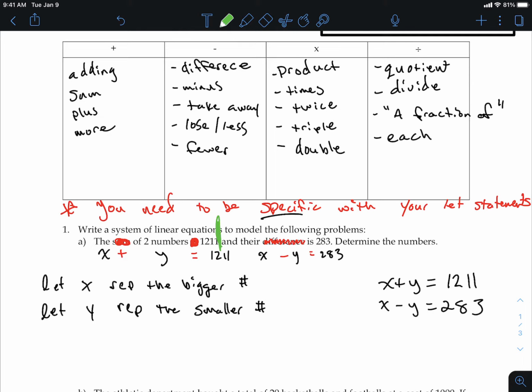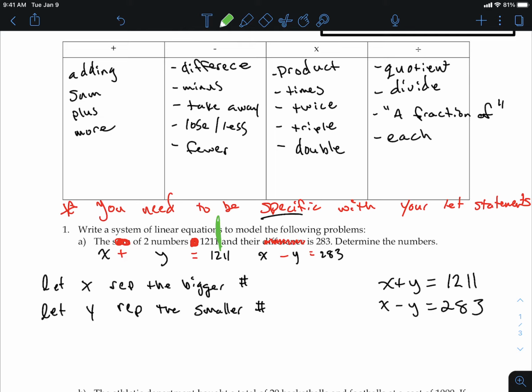This is my process. If I get a new problem, these can be hard to visually come up with equations for, so this is my go-to process to at least come up with the equations. Okay? Is everybody okay? At this point it looks relatively easy to solve, right? You could use elimination on that.